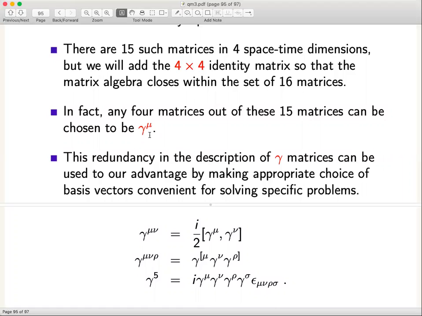If you choose your gamma matrices in such a way that they are purely imaginary, then that imaginary piece will kill that i factor, and your equation would effectively become real. That is the technique that he exploited at some point to study solutions to Dirac equation. But it depends upon what problem you want to solve, which would help you choose an appropriate basis. But they are all out of these 15 matrices. Okay, fine.